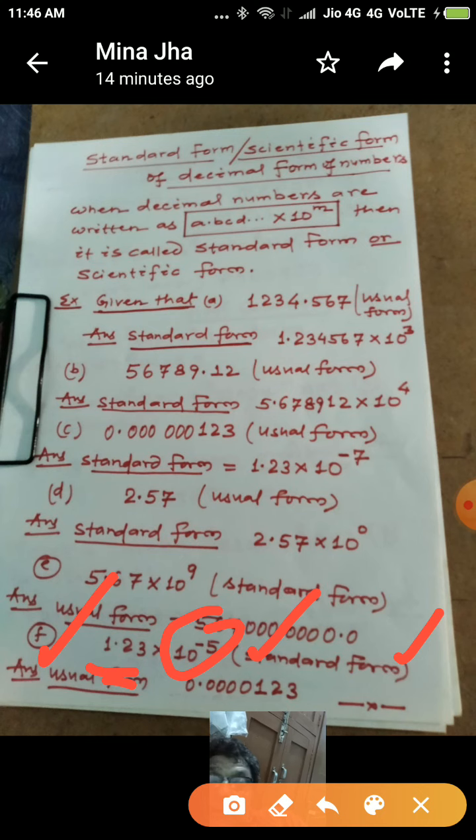If we go 5 places left, we have only one digit, so it needs 4 extra zeros. So 4 zeros are needed here, then the decimal, and after the decimal again there is no digit, so we have put 0. If you count, the place of decimal is 5 places left compared to the position of the decimal in the question. So now it is in usual form.